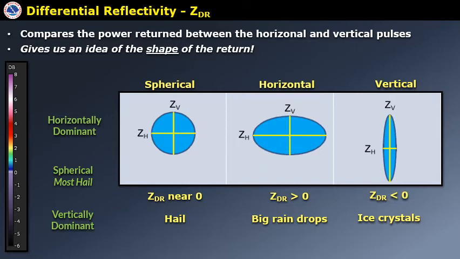As ZDR becomes larger, this implies that most of the power returned will be in the horizontal plane, and the hydrometeors associated with greater ZDR values are generally larger raindrops. Melting or wet hail, along with oblong hailstones, may also exhibit a higher ZDR. Now, when ZDR falls below zero, it's likely due to ice crystals that tend to backscatter the EM energy more in the vertical plane compared to the horizontal.